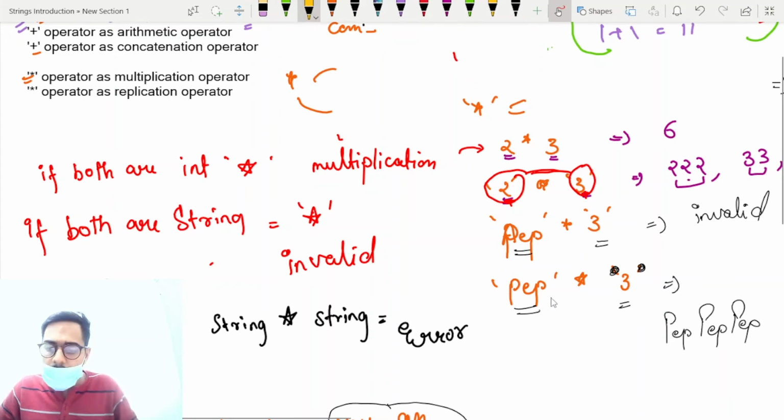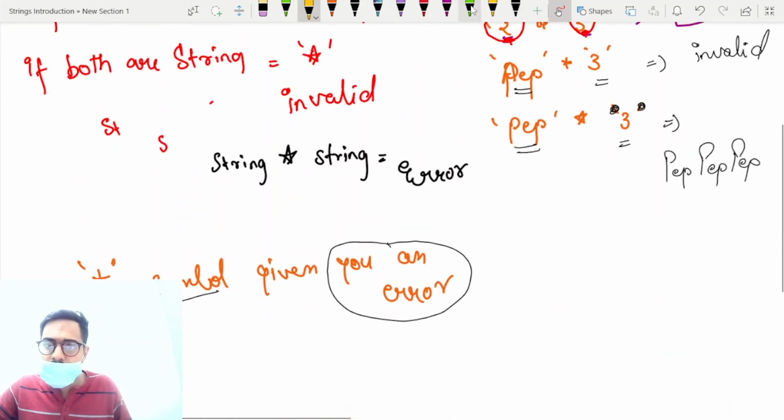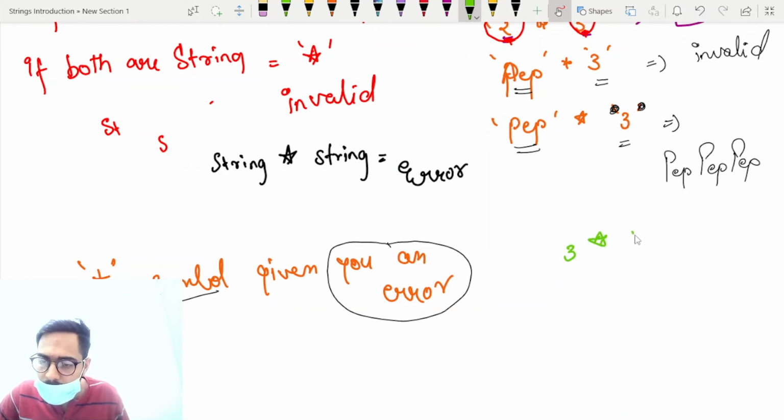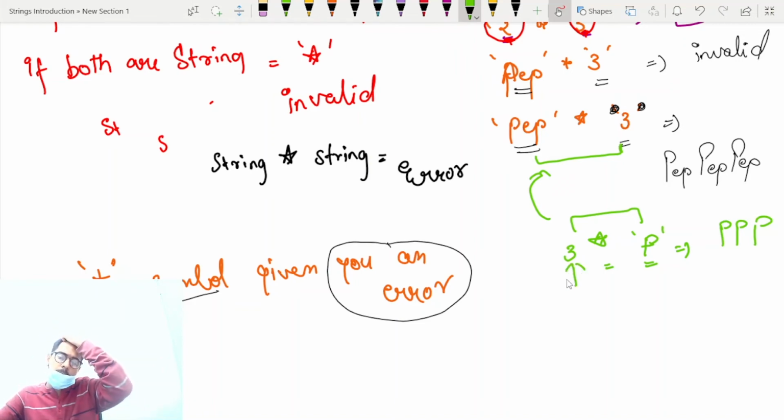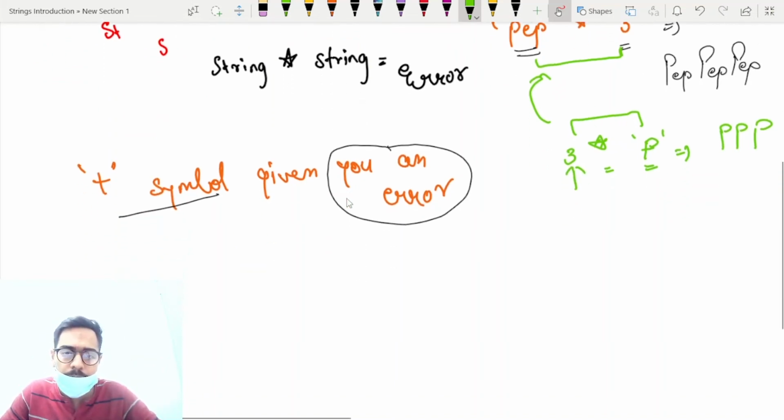Now consider one more example. If 3 gets multiplied with p, what will be the output? The output will be similar to this. If there is a change in order, the output will not change.